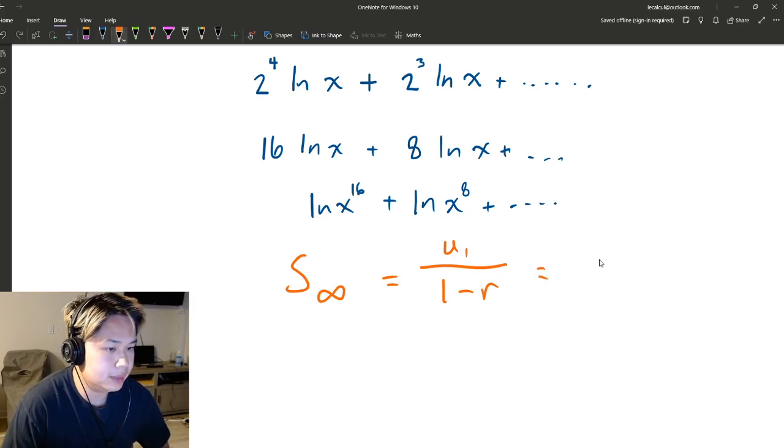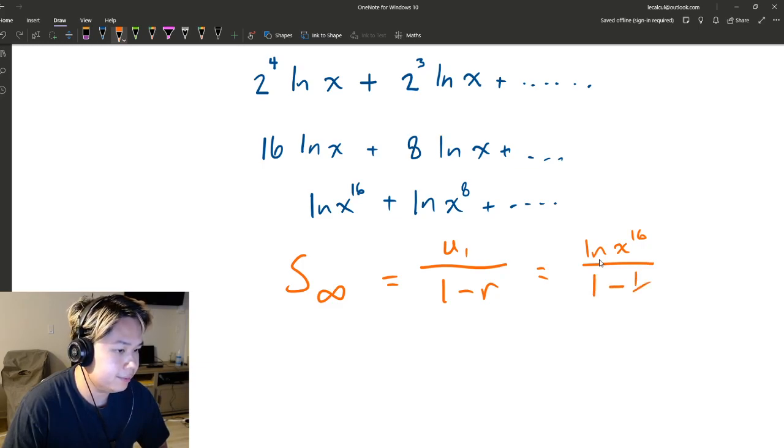The first term is natural log 16. And then the common ratio is 1/2. So 1 minus 1/2 is 1/2.